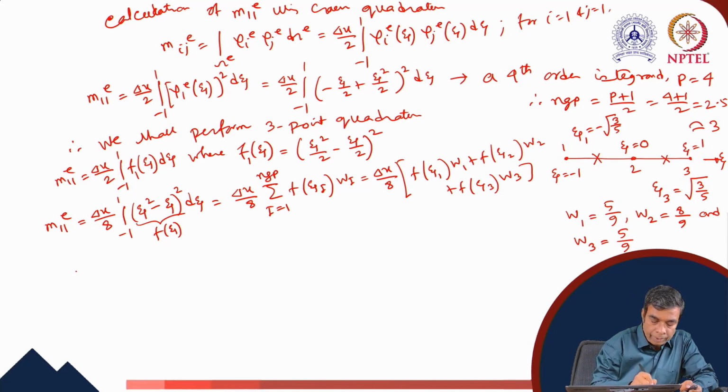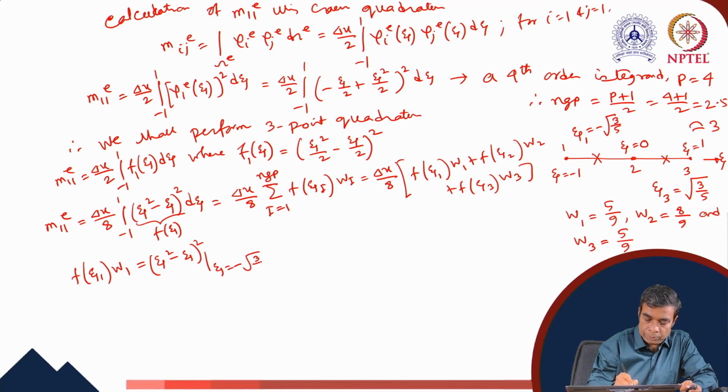Now f of xi1 w1 is xi square minus xi, whole square, where xi equals minus square root of 3 by 5, into w1, which is 5 by 9.